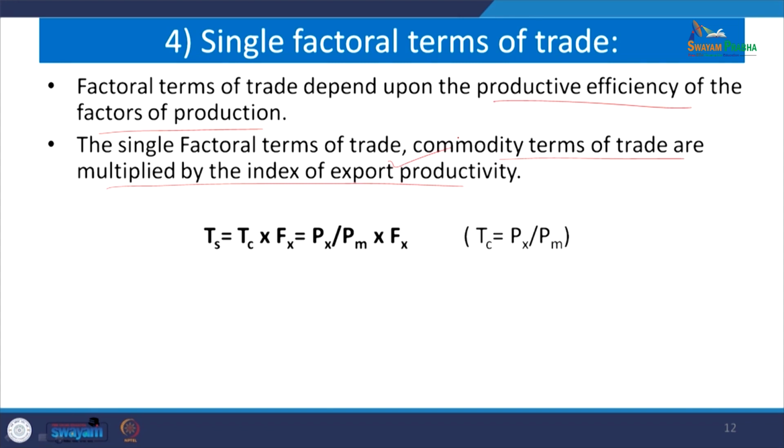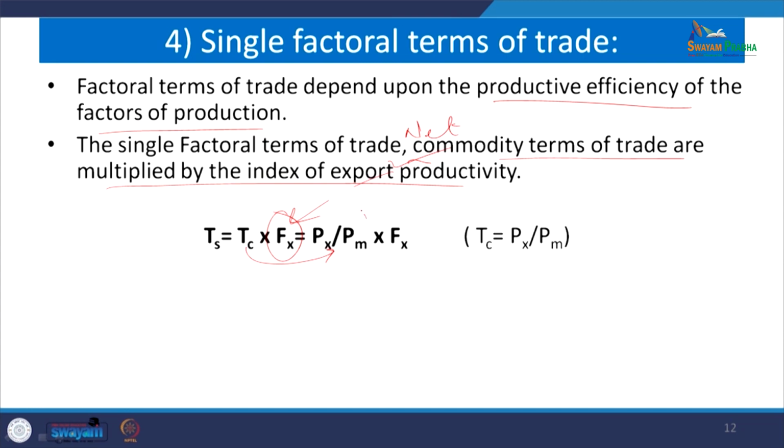If that is multiplied, then the net commodity terms of trade are multiplied with the export productivity. Now, this is nothing but TC multiplied by this.